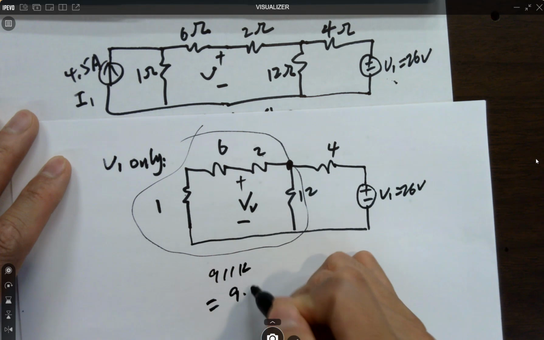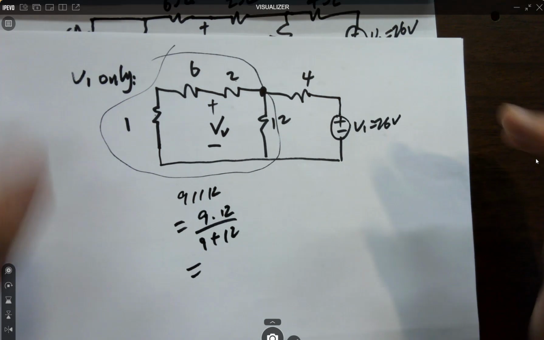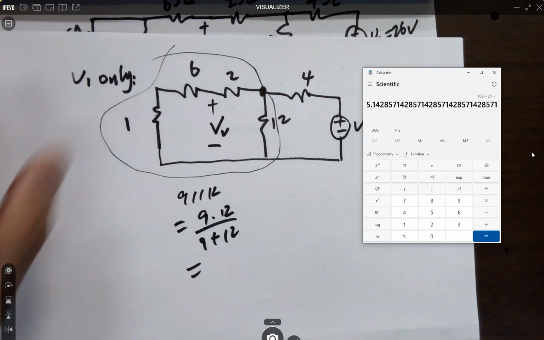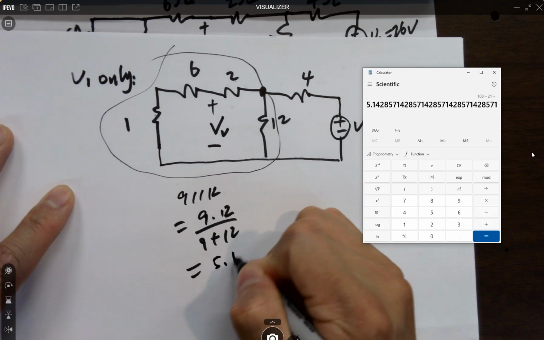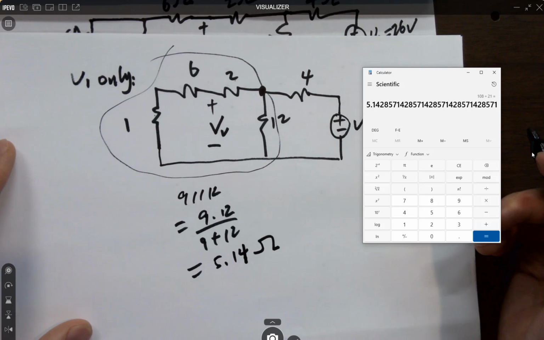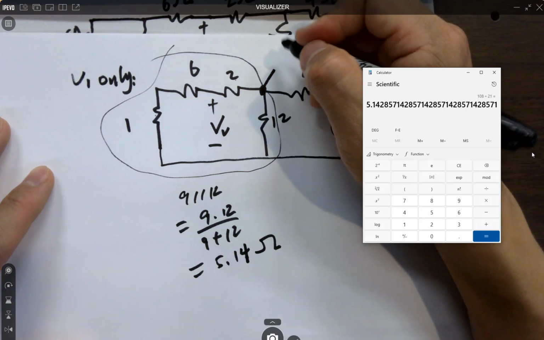It's giving you 9 times 12 over 9 plus 12, which is 5.14 ohms. Okay, so the voltage here, let's call it V3.